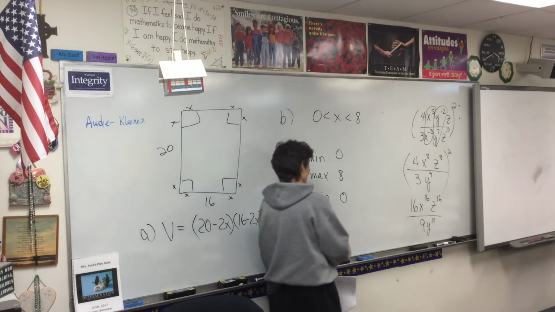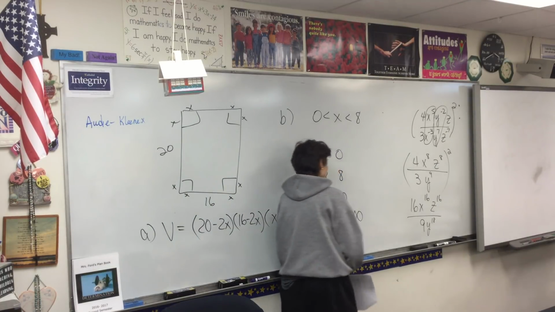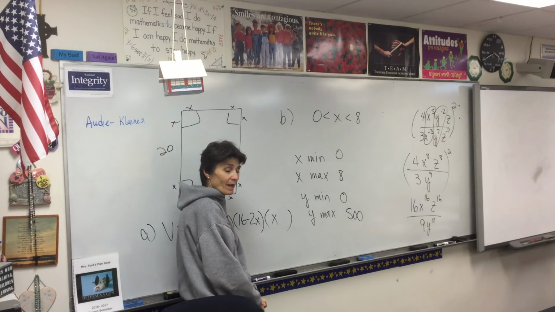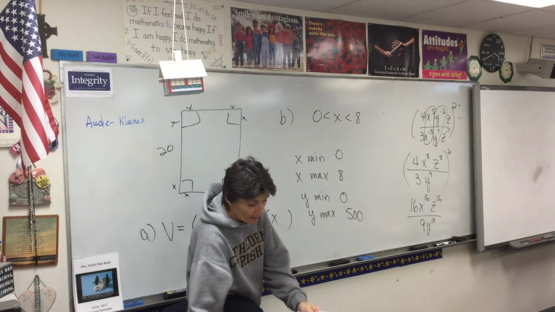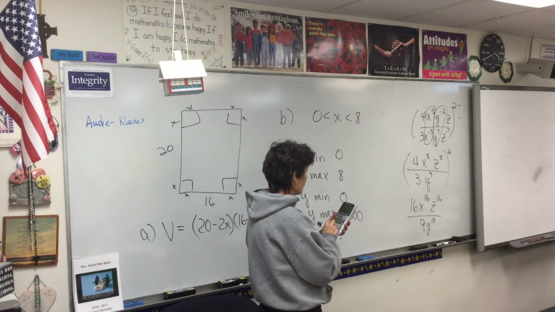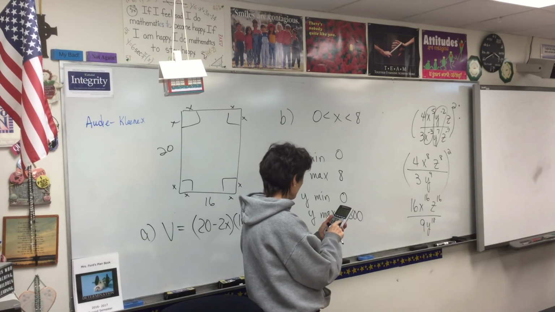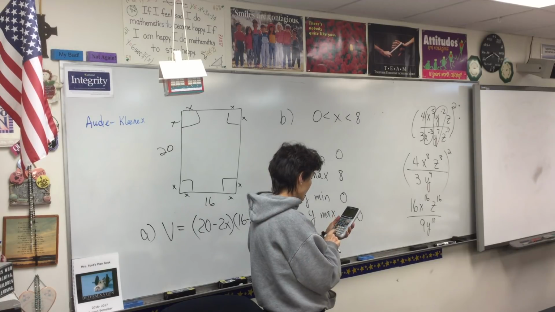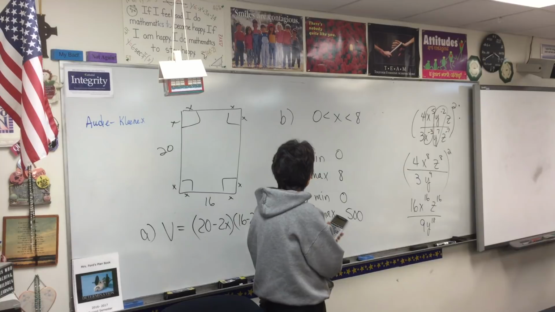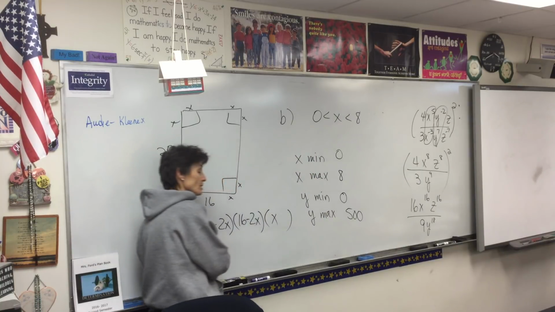I think I'll start with 500. Now, do I know if 500 is going to work? I have no clue. I'm going to try it. So I'm going to go to my calculator, and I'm going to set my window at 0 to 8 and 0 to 500.